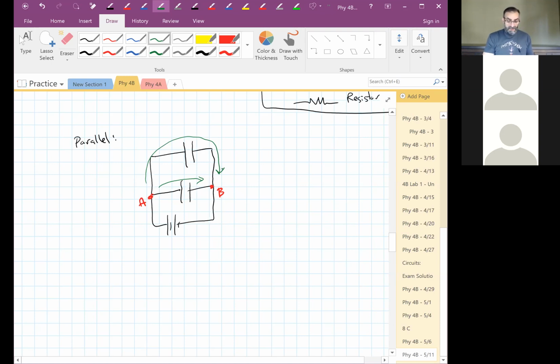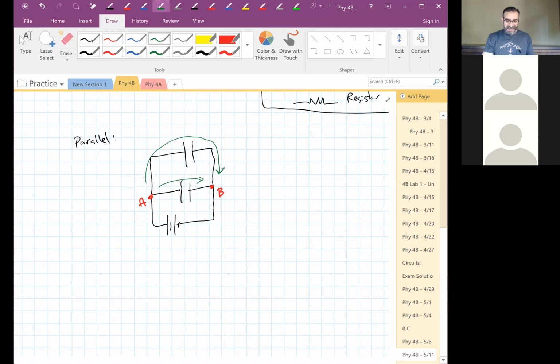And if you think about this, one side of those plates is at one electric potential, and the other side is at another electric potential. And so as this battery moves charges around from one plate to the other, what does it look like? It looks like one big plate, right?